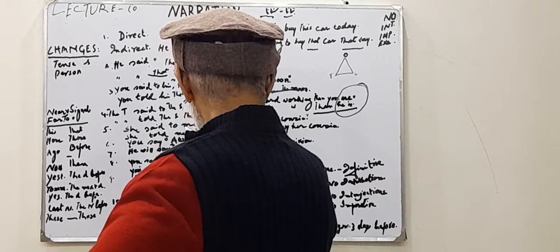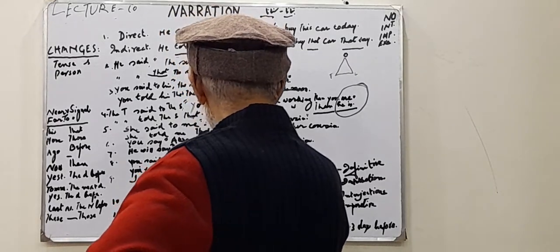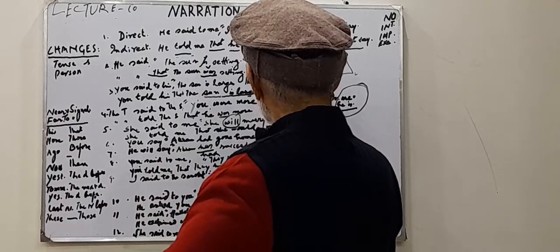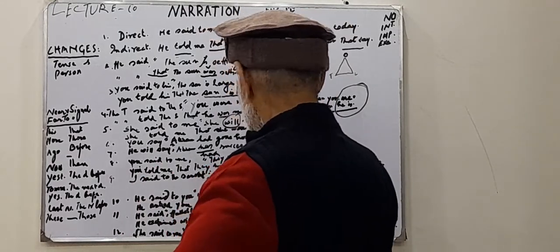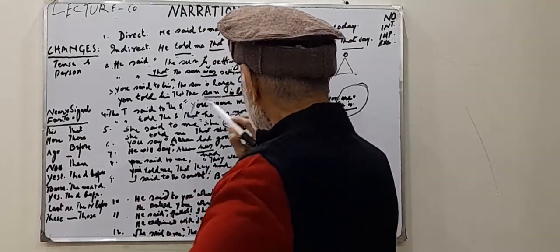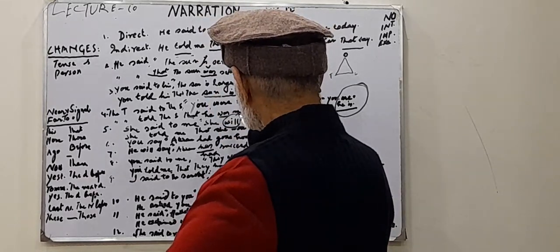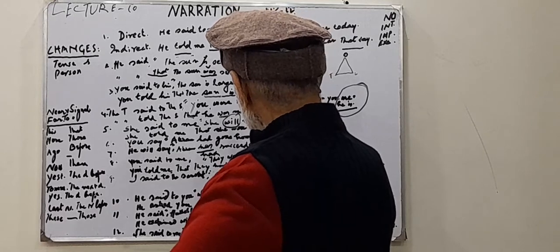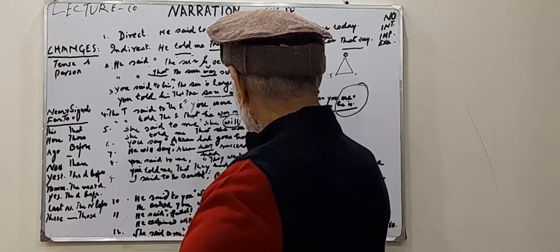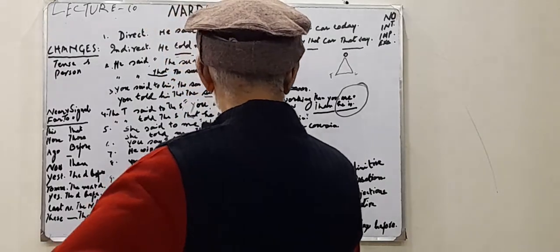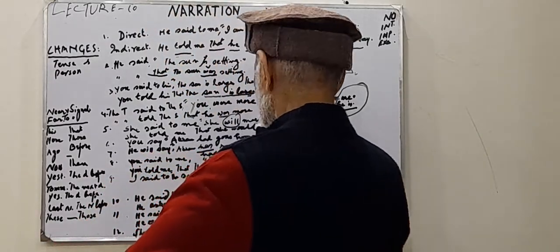She told me that she would marry her cousin. Okay? There is only one change. Will has given the place to would.